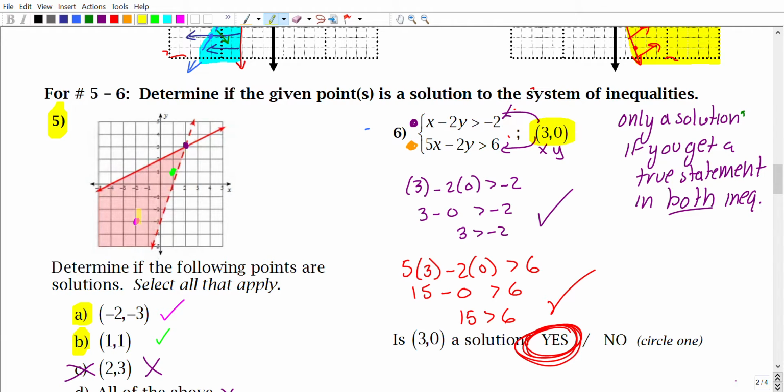Kind of like how this one was a point on the shaded region. Or again, if you don't want to go through all the trouble of graphing it, remember you can always substitute these values in your actual inequality and figure out if you get true statements for both. If it is true for both, then yes, you have a solution.